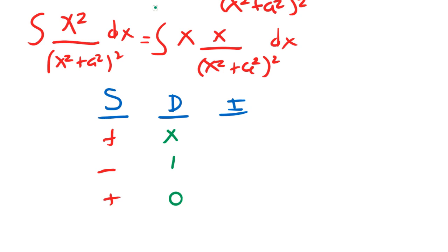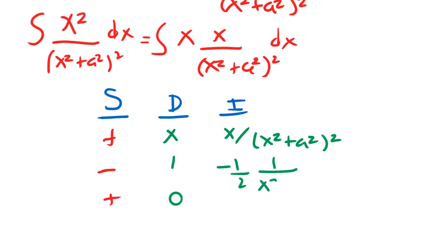That way we'll have that the x over (x squared plus a squared) squared, that's actually a simple u substitution where essentially you have negative 1/2 times 1 over x squared plus a squared.